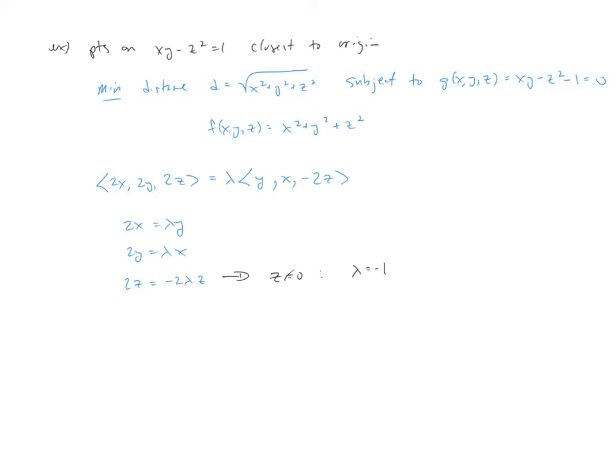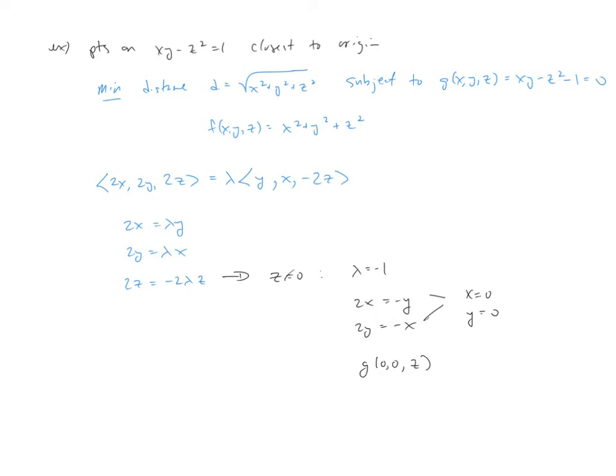If I take that lambda equaling negative 1 and go back up into these, I'll get 2x equals negative y, and 2y equals negative x. When I solve this system, it's pretty clear that it would give us x equals 0 and y equals 0. So if I take those x's and y's and go back into the constraint, I would get g of 0, 0, z.